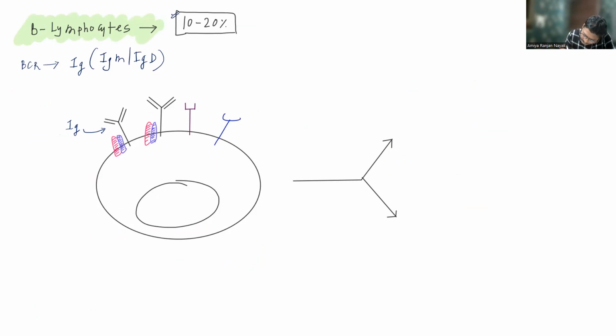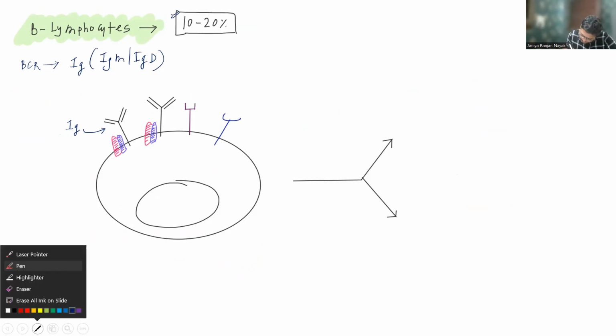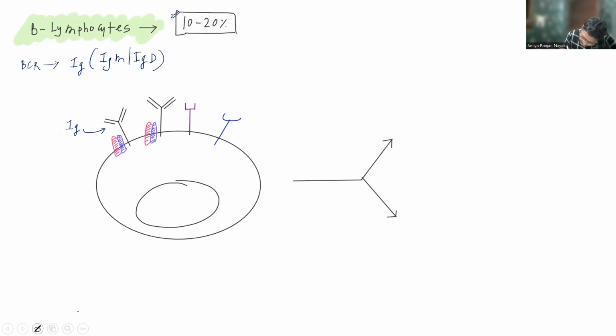These are known as immunoglobulin alpha and immunoglobulin beta, otherwise known as CD79A and CD79B.